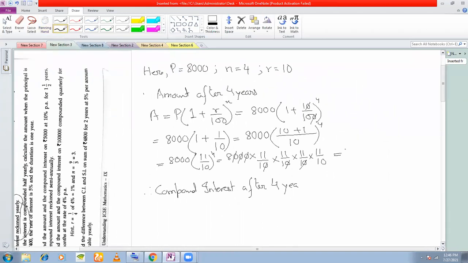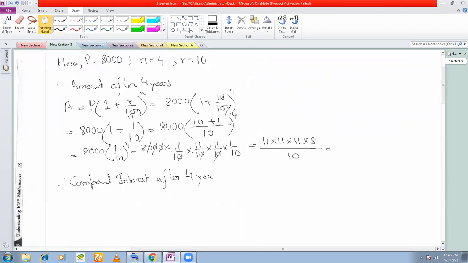You will simply get 11 into 11 into 11 into 11 into 8 divided by 10. There are 4 11s. You multiply this, you will get 117128 divided by 10.